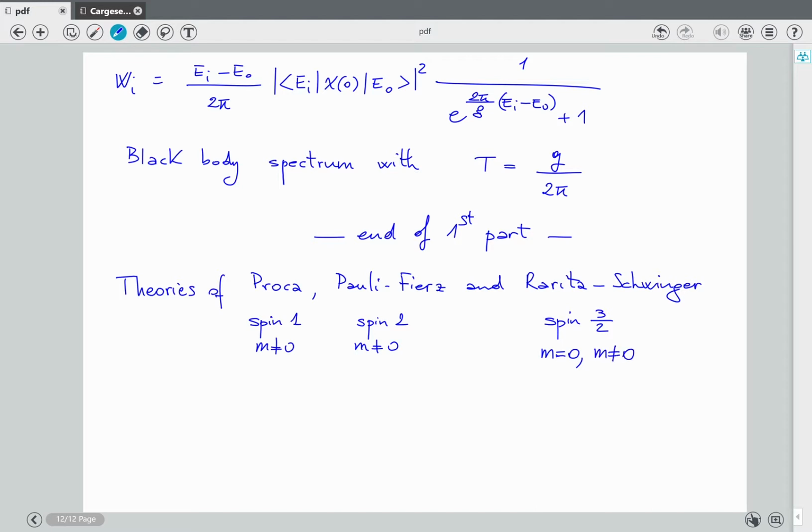And when the mass of the Rarita-Schwinger spin 3/2 field is zero, then it is a gauge field. Same way as massless spin 1 fields are gauge fields, and the massless spin 2 field is the graviton, if you want.